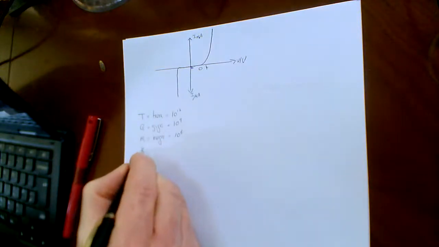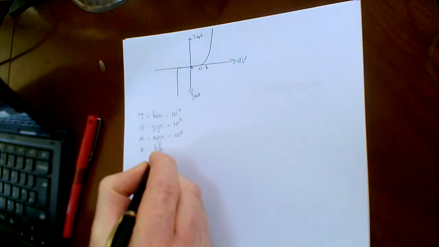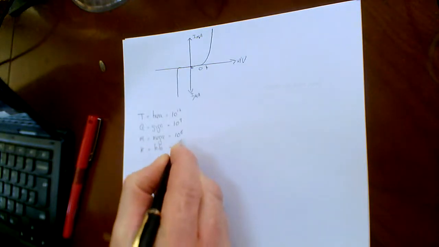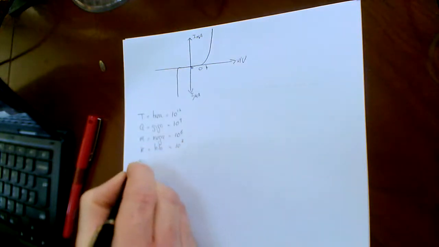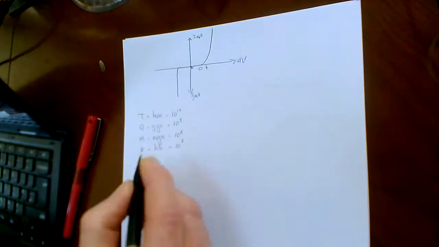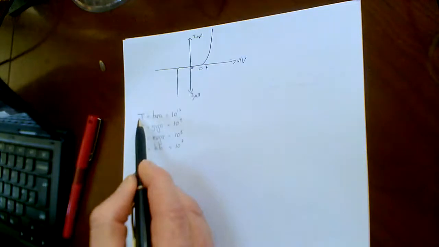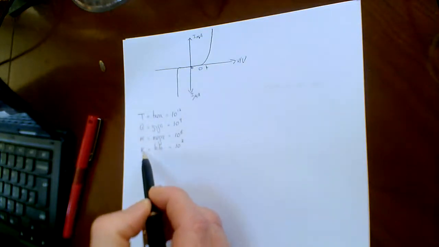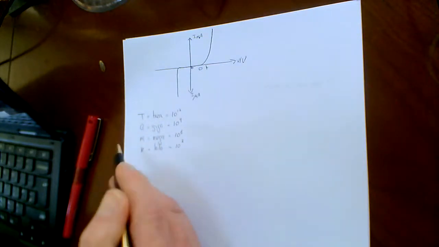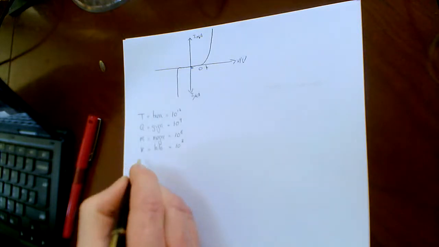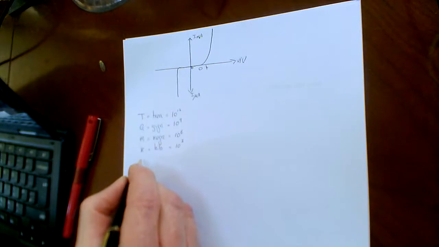Then you have kilo, small k, that's 1,000 times smaller. And then you have no prefix, so that could be terabytes, gigabytes, megabytes, kilobytes, and then just bytes if we're talking about computer memory size or transfer rates.